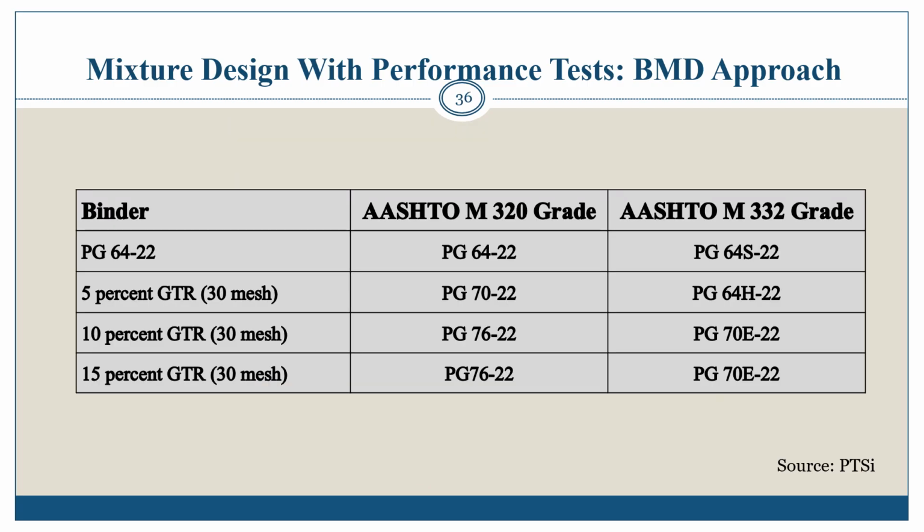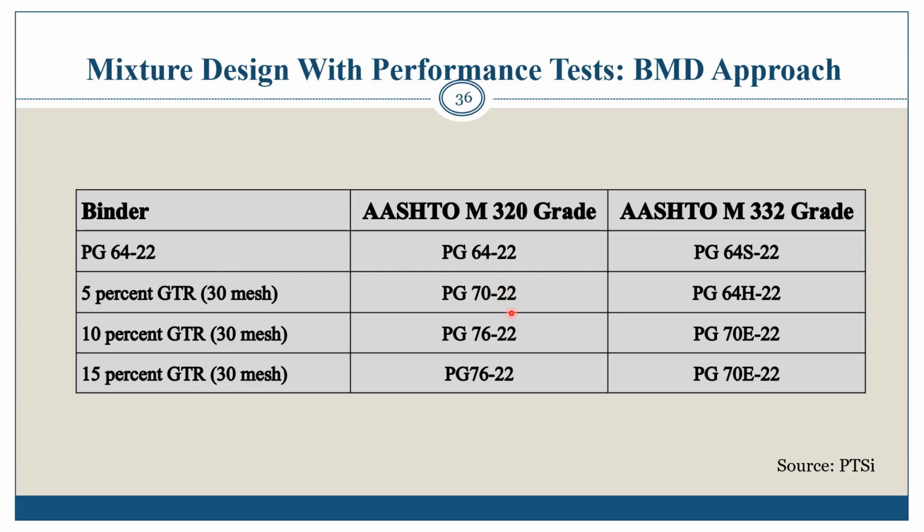We selected 4 binders: a neat binder, which was a 64 minus 22 graded by AASHTO M320 and M332. Graded by M320, it was a 64-22, and by M332 it was a 64S, or standard, minus 22. Then modified with 5, 10, and 15% GTR, 30 mesh GTR in this case, and graded in accordance with M320 and M332.